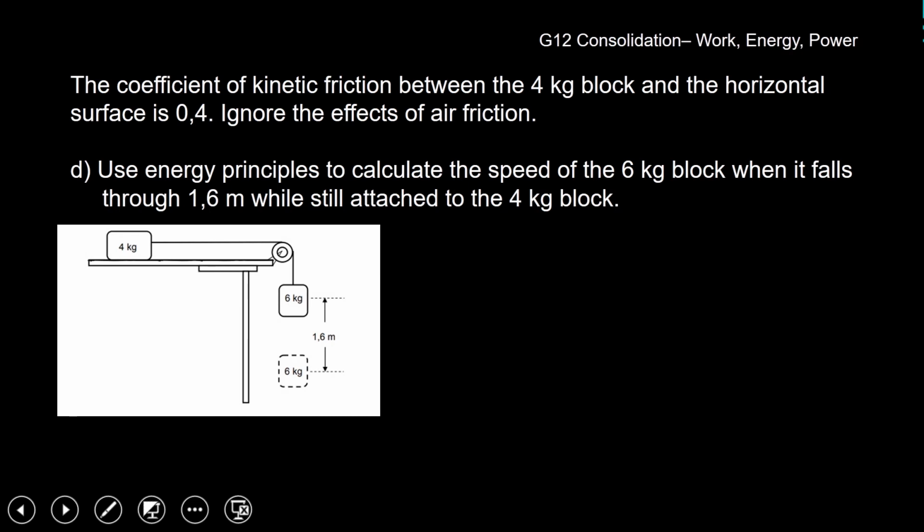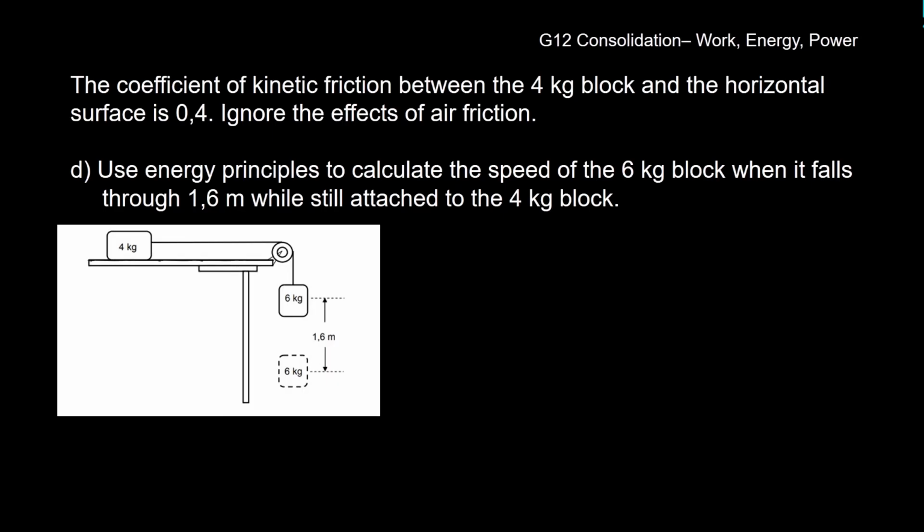Next question is a little bit more complicated, and one which we have to be quite thoughtful about. The coefficient of friction, and it's not just any friction, it's kinetic friction. The coefficient of kinetic friction between the 4 kilogram block and the horizontal surface is 0.4.